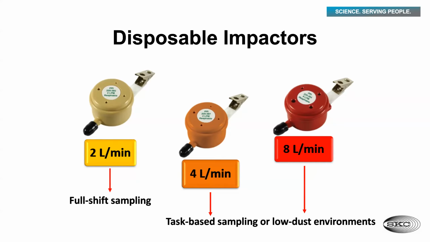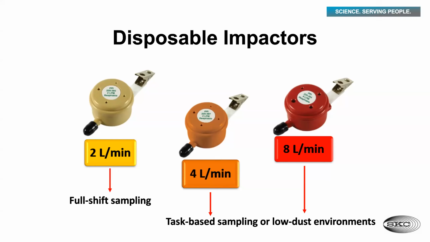So I really see the 4 and the 8 liter a minute being used primarily for either task-based samples or samples that have a very low silica concentration in the air, where you've had a hard time in the past getting enough dust on the filter for the lab to even analyze.